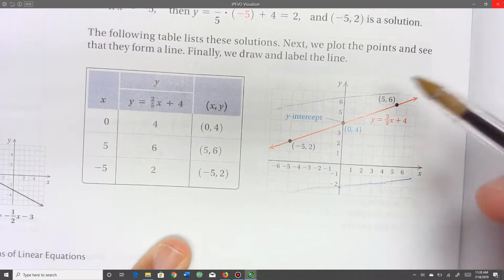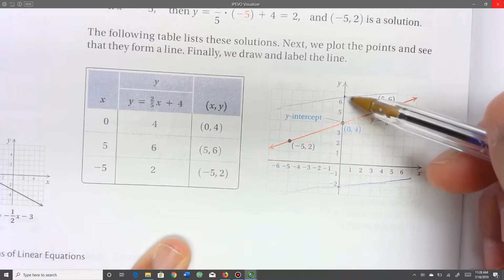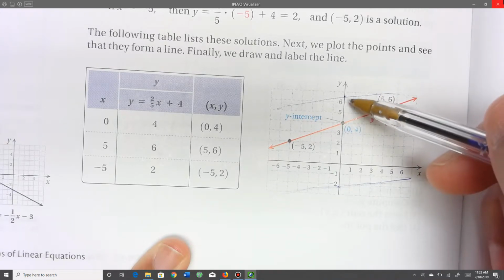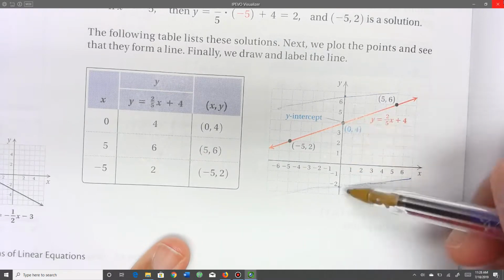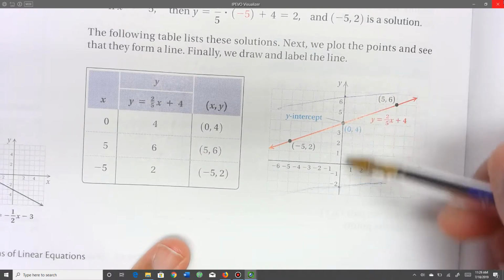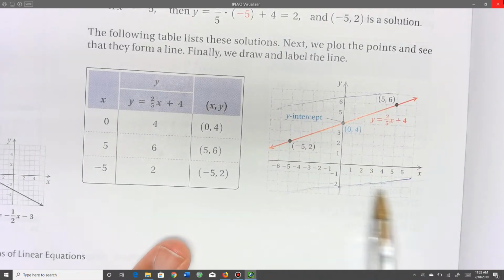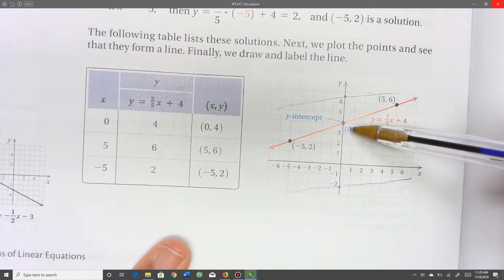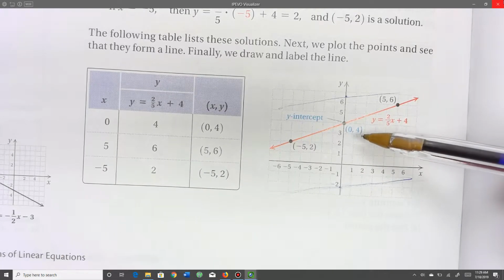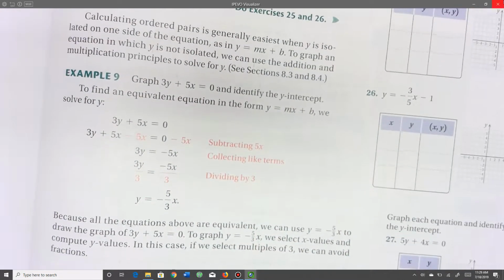Here, the value of x for this point is still going to be 0. And that's the same for every graph that crosses the y-axis. The value for x is always going to be 0, and that's going to be important. You'll see why in a minute. All right, so let's see.